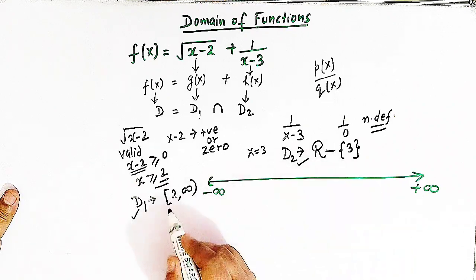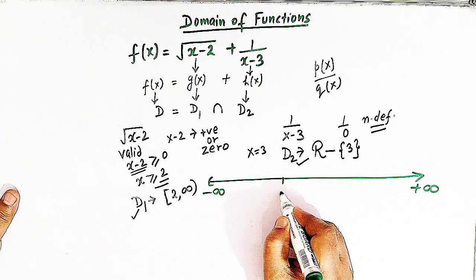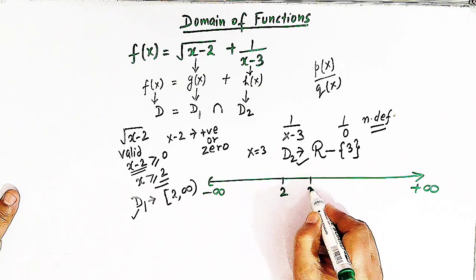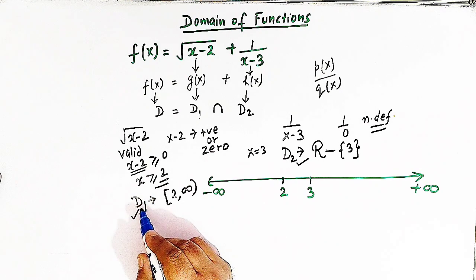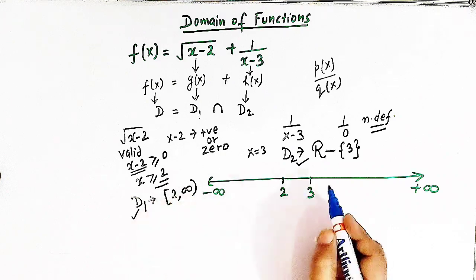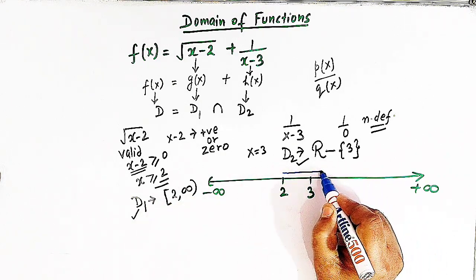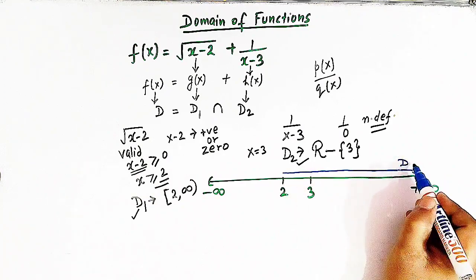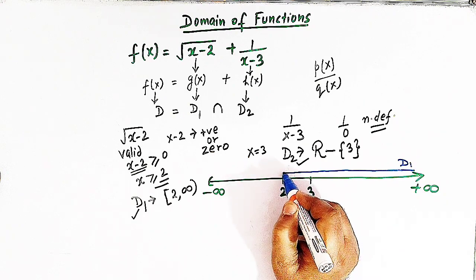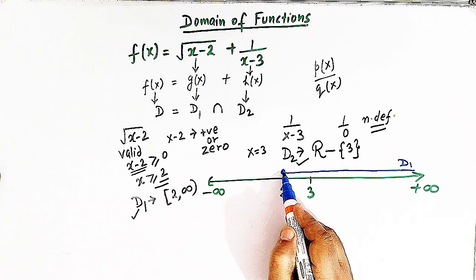So let us plot the points 2 and 3, and here we have 2 and here we have 3. So let us first represent D1. So D1 is from 2 to infinity. So we'll go like this. So this is the region which represents D1, and remember here this 2 is included, right?